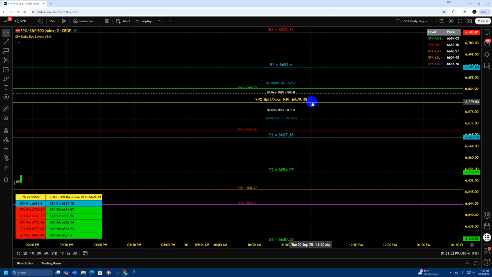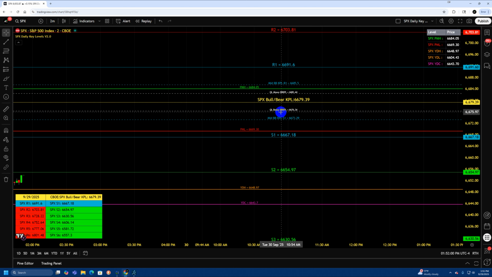As we've discussed in other videos, when you're taking a bullish trade off of the bull-bear key price level, your tight stop loss is the QL below the BBKPL, and your standard stop loss is the first midpoint below, which would be mid BBKPL S1.